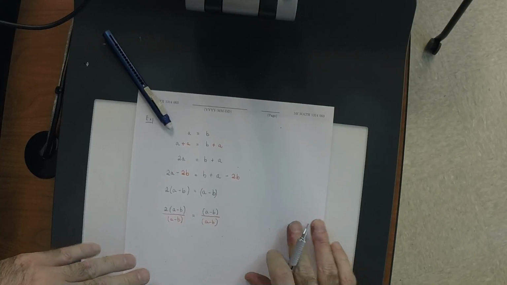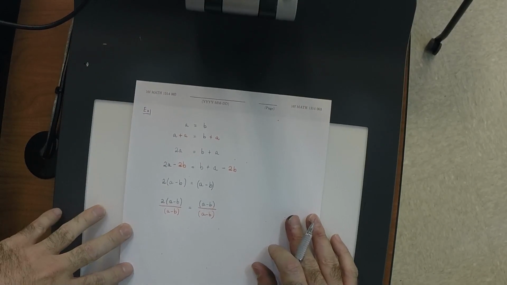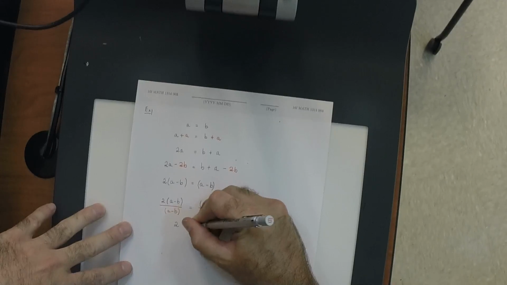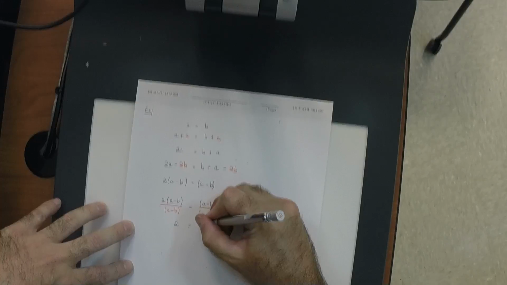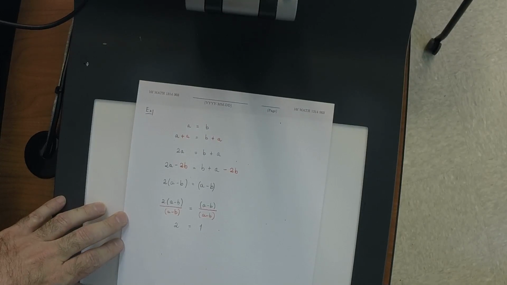Then now, if you do that and perform the cancellation, what's the new left-hand side? 2. And what's the new right-hand side? 1. Every time I log into Twitter.